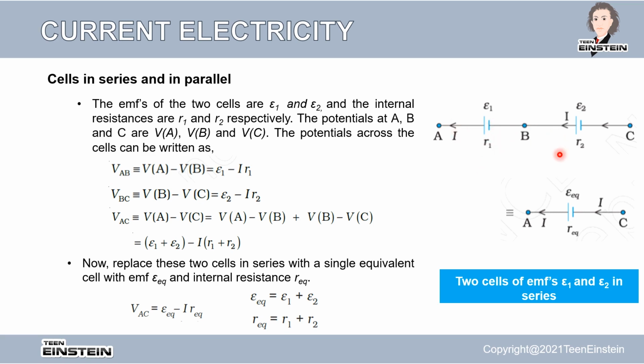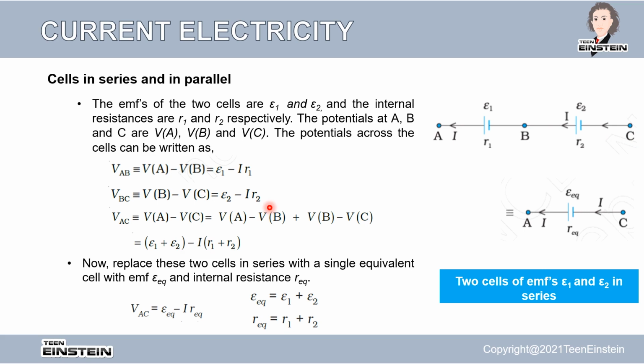Here it is also noted that the I has to be the same through these two cells because they have the same series connection. So according to the conservation of charge, the I has to be the same. Similarly, V of B minus V of C equals epsilon 2 minus Ir2.